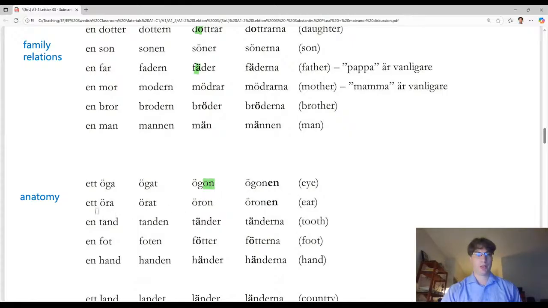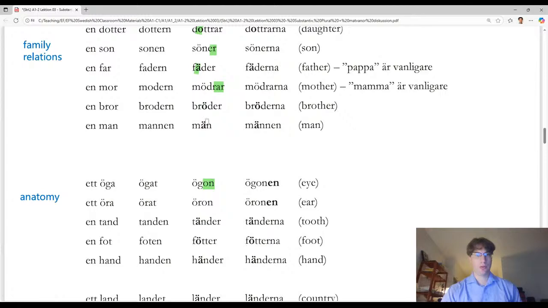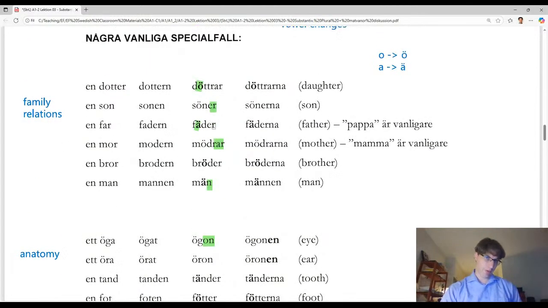And ett öra, många öron. So there's variations depending on, it's either -er or -ar here for the relations, or a simple n. There are special cases.